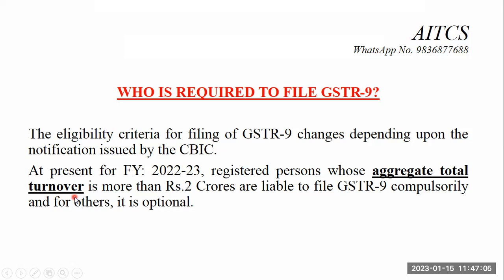So we have to know and understand the meaning of aggregate total turnover and how aggregate turnover is computed, because the filing of GSTR 9 totally depends upon the aggregate turnover. So in the next slide, let us see how the aggregate total turnover is calculated.